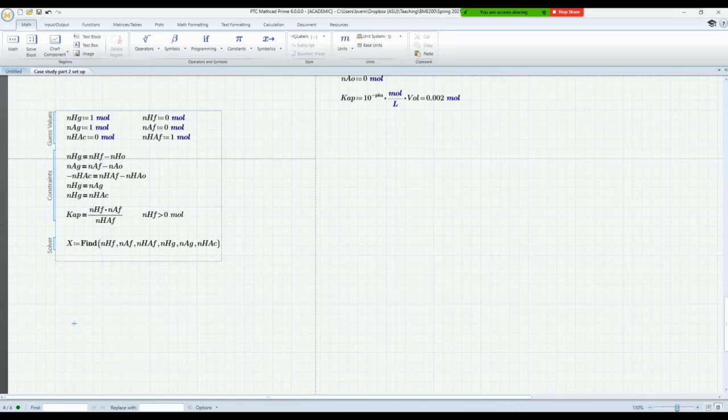To get the pH, we need to find out what that X at the 0 position is. That's the answer here. Then if we take that, we can find the concentration of H final, which is going to be this value divided by the volume. Let's do it in moles per liter here.